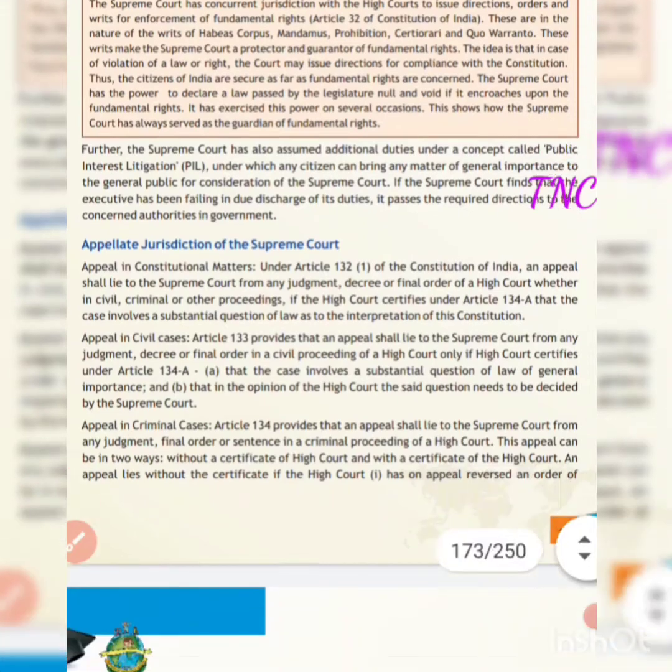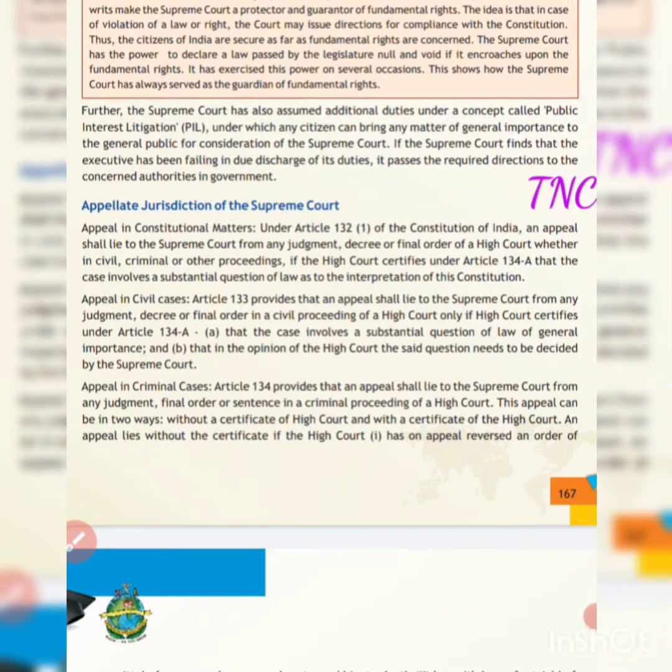Then civil cases, Article 133. By virtue of Article 133, an appeal shall be made to the Supreme Court from any civil matter which has arisen by the judgment of a High Court.